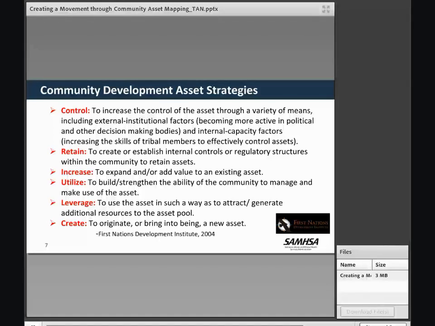And you can see the definitions here: control, to increase the control of an asset through a variety of means, to create or establish internal controls or regulatory structures within the community, to retain assets, to expand or add value to existing assets, to build or strengthen the ability of the community to manage and make use of assets, to leverage or attract, to generate additional resources to the asset pool, and then to also create or bring new assets to the community.